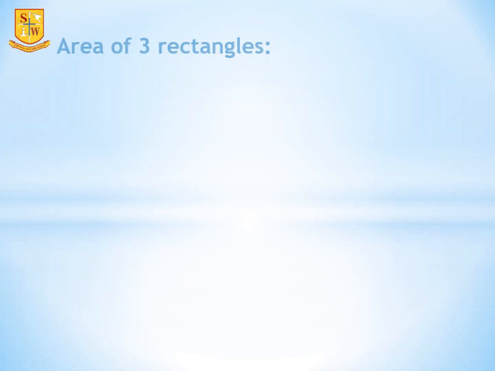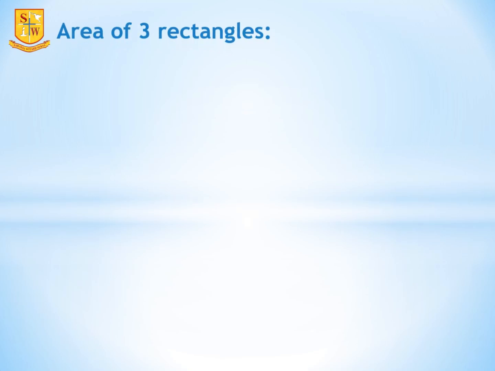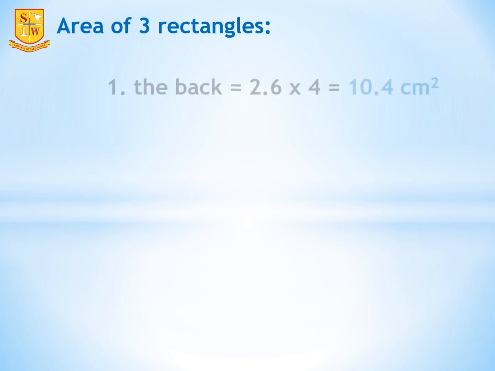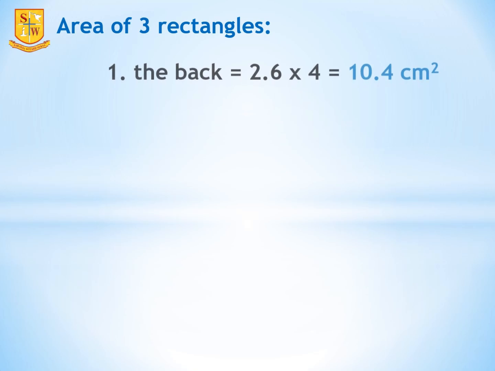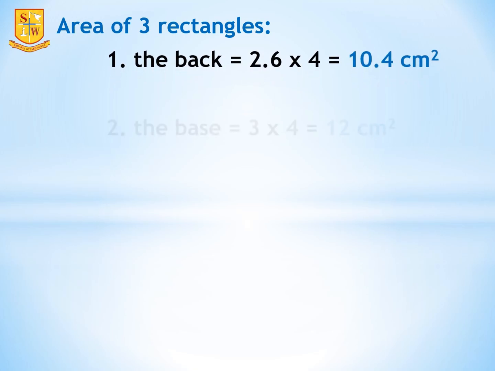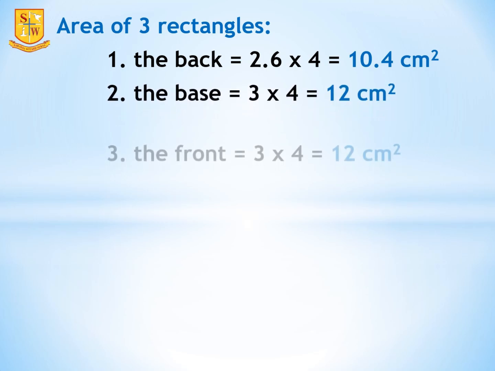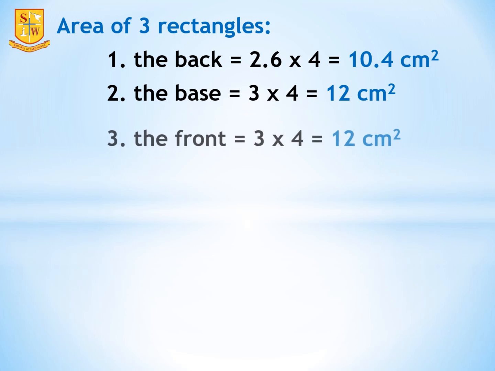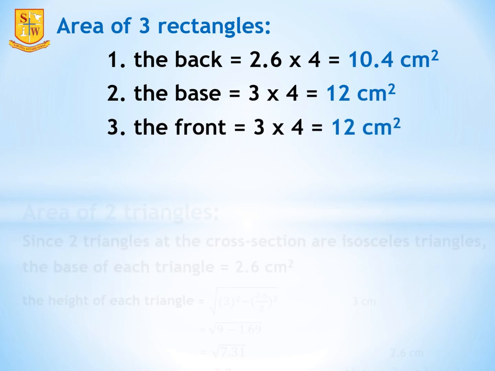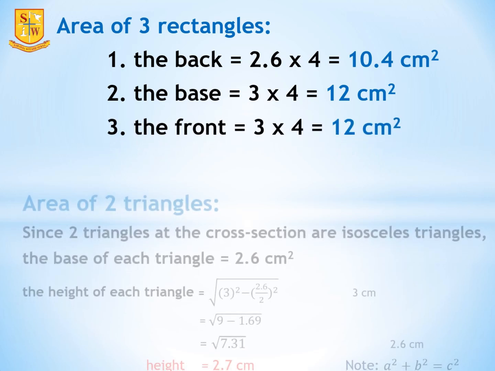The area of the three rectangles: 1. The back equals 2.6 times 4 equals 10.4 centimeters squared. 2. The base equals 3 times 4 equals 12 centimeters squared. 3. The front equals 3 times 4 equals 12 centimeters squared.